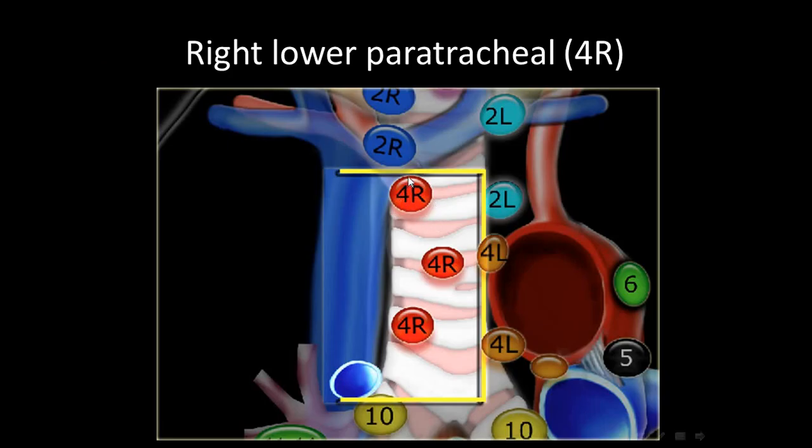So this is the right lower paratracheal lymph nodes. We knew that the upper ones end at the lower margin of the left brachiocephalic vein, right? So inferior to that are the lower paratracheal, but they are above the lower border of the azygos vein.